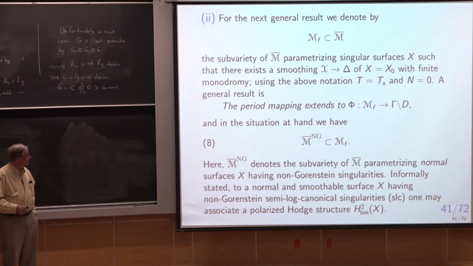Then the result is that the period map extends across those. So you still stay in D by gamma. This is what I mentioned before. If you have finite monodromy, even though the variety becomes singular, the Hodge structure doesn't. And so the general result, which was also mentioned before, is non-Gorenstein singularities have finite monodromy.